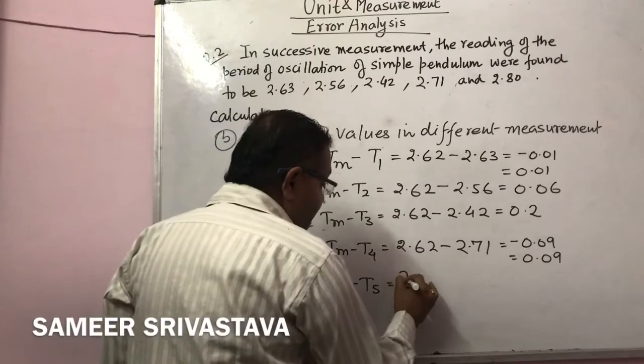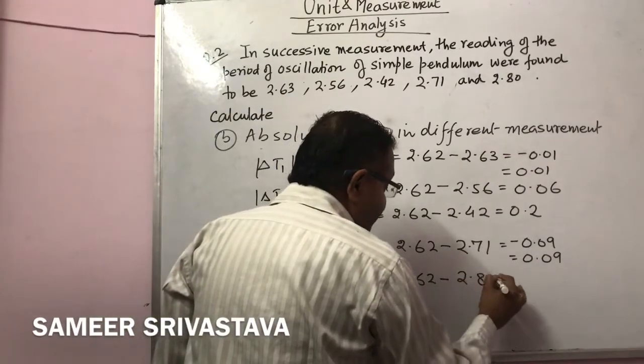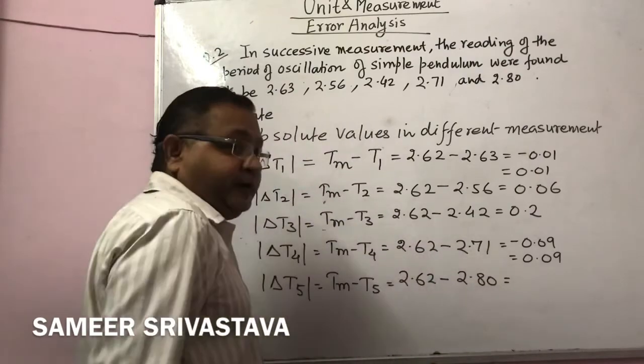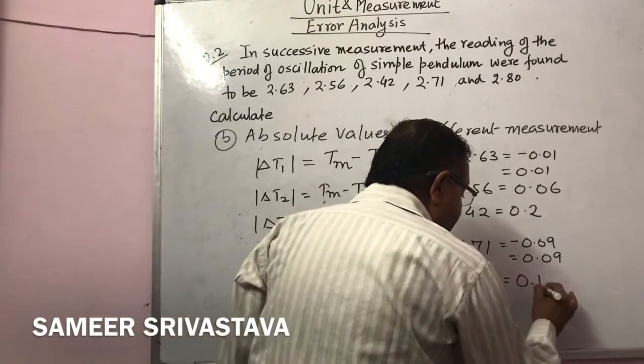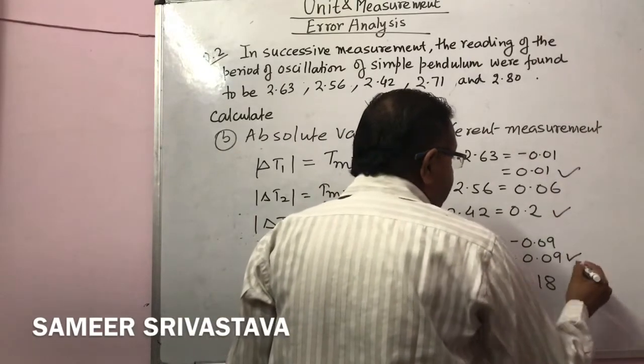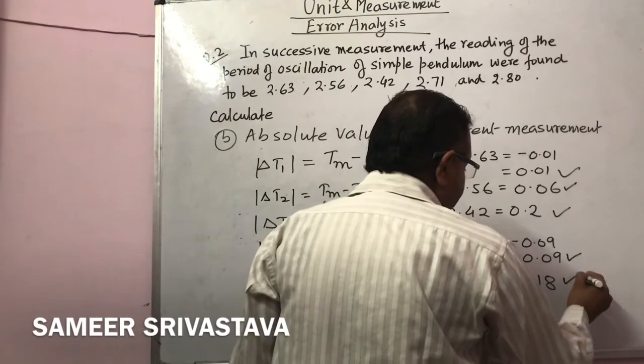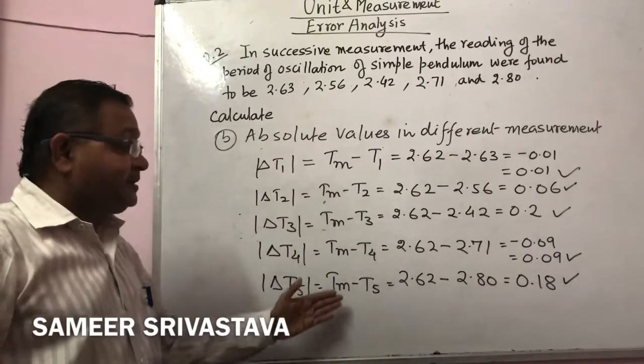Tm is 2.62, T5 is 2.80. What value do we get here? 0.18. So these are the absolute values for the different measurement conditions.